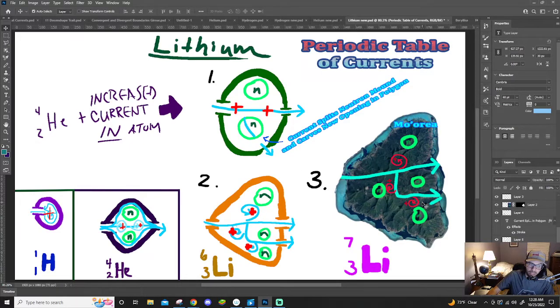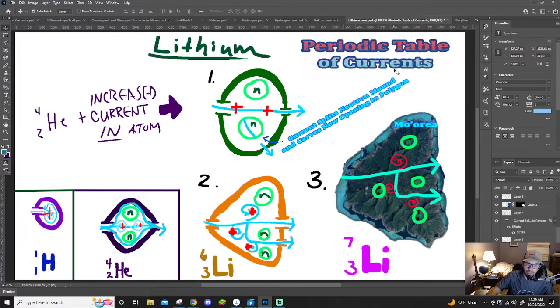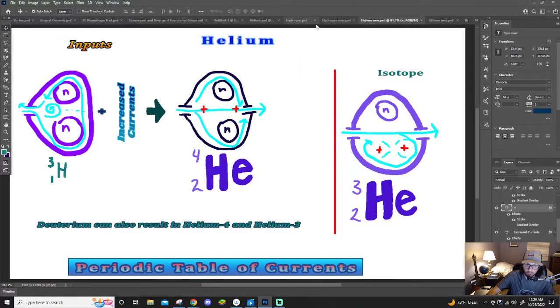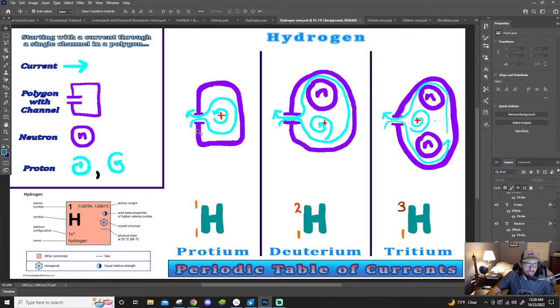I did kind of base this off of Mo-Aurea, but I do believe this is a legitimate thing, just from a straight-up current standpoint, not because of this island. Current cutting across here would likely puncture opposite to it.